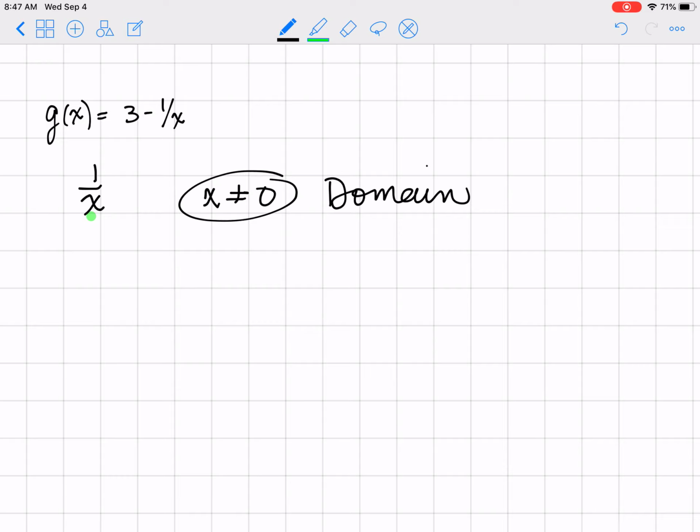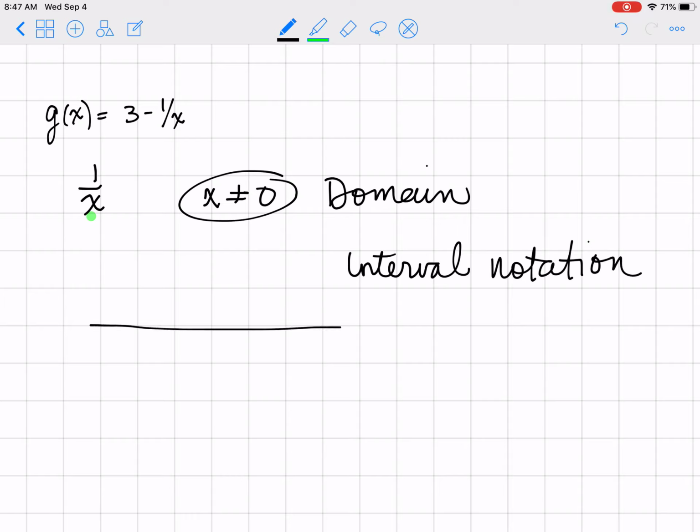Well, another way to express that is by using interval notation. And so how do you express it using interval notation? Well, from last time, you can see that if you take your number line, here's 0, you want to say everything but 0.